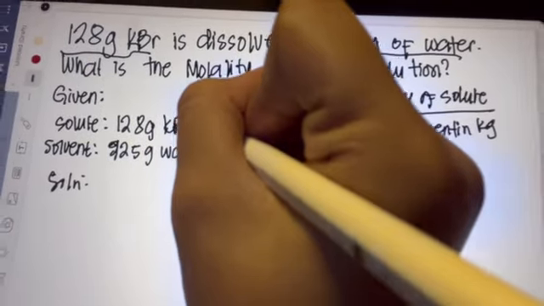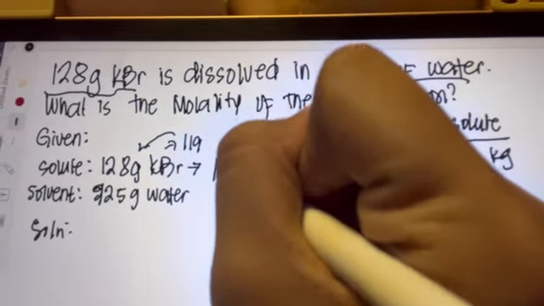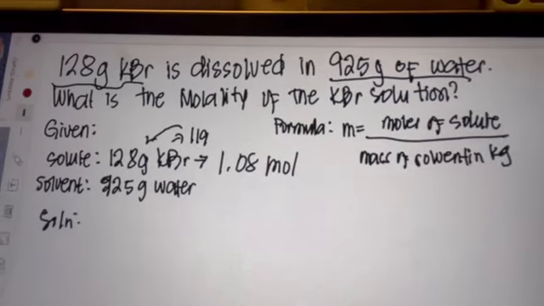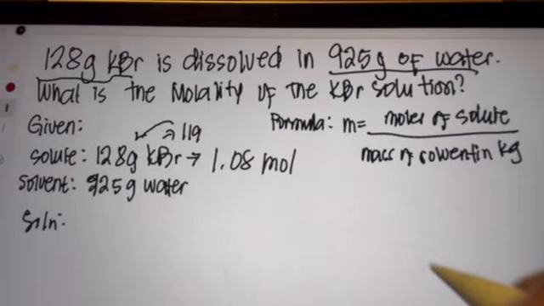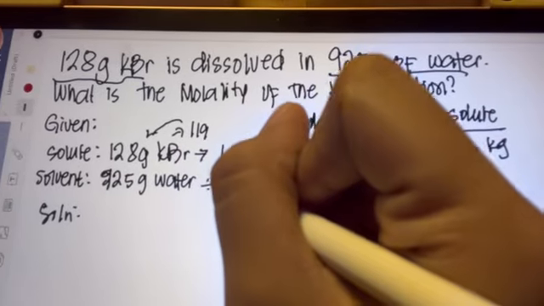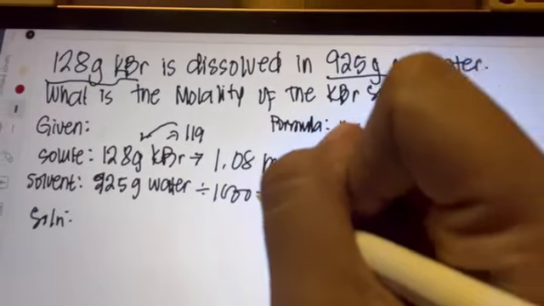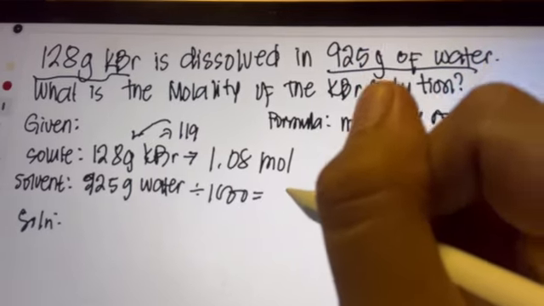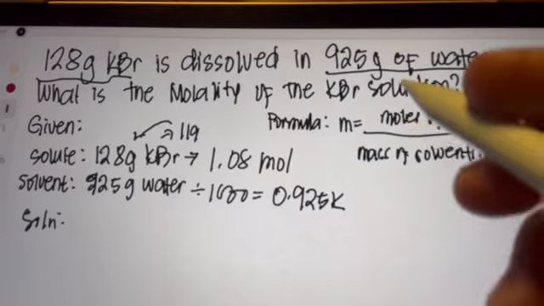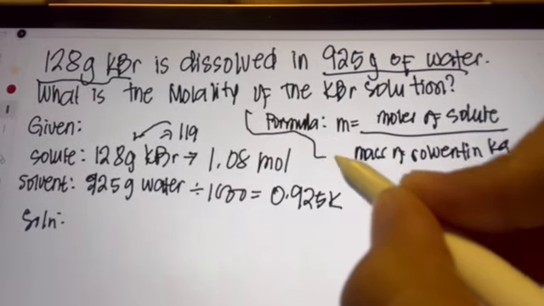It is equal to 1.08 mole, and then the solvent, we will also convert it into kilograms. We will just divide it by 1,000, and it is equal to 0.925 kilogram.